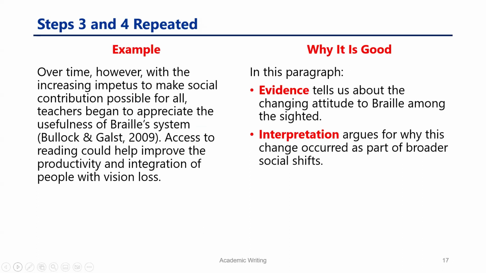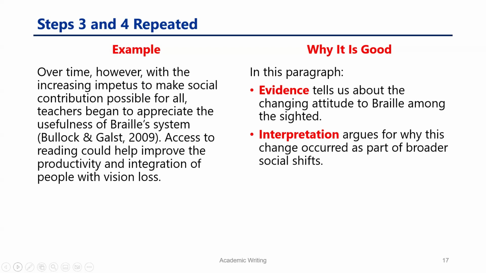Here's an example of where steps 3 and 4 were repeated. Over time, however, with the increasing impetus to make social contribution possible for all, teachers began to appreciate the usefulness of Braille's system. Bullock and Galst, 2009.